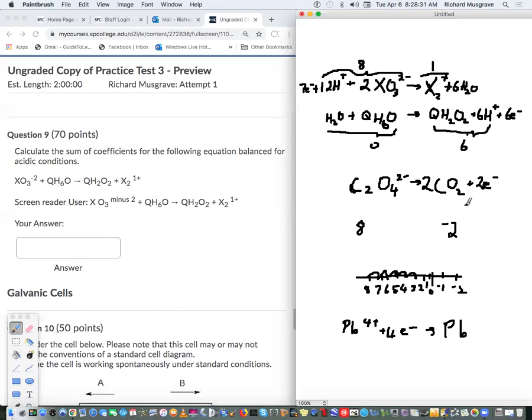That'd be -2 and 0. The difference would be 2, and the 2 electrons go on the higher side, which is the 0 side. So sometimes the oxygens balance out already, maybe even sometimes the hydrogens do too. So you don't have to do anything, but you have to realize they balance. Is that okay?